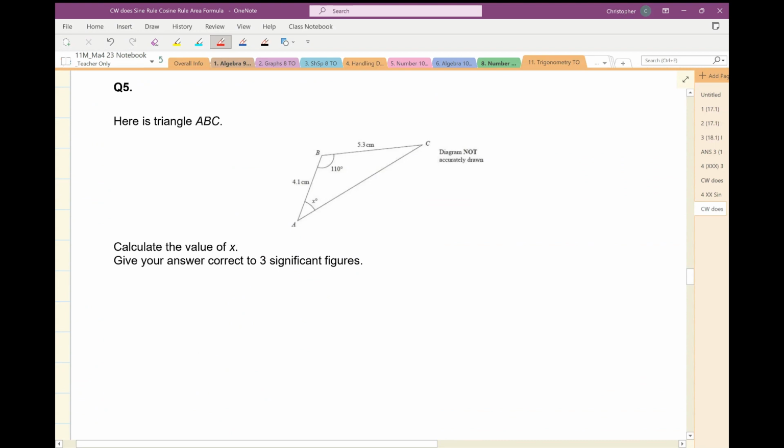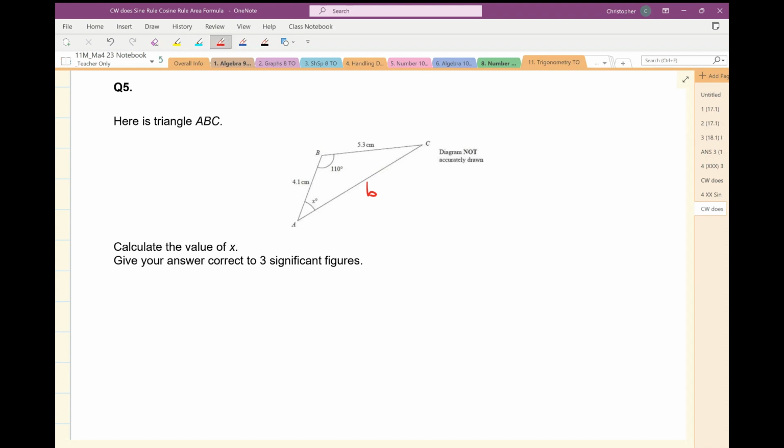Yes, it is. Calculate the value of x. Right, let's just make sure I see what I've been given. I've got a side and the included angle. So I could use the cosine rule there to find this side, which is side little b. Okay, so that might be useful. What else have I got? I've got this angle x.